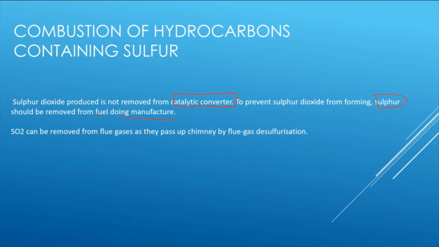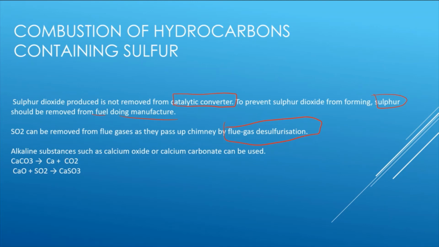So in industries, in factories, when the sulfur is burnt and sulfur dioxide forms, it can go into the atmosphere, which can be really harmful, leading to acid rain. But there's something called flue gas desulfurization, which you can do to solve this problem.